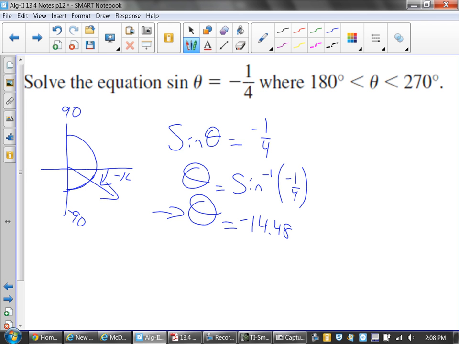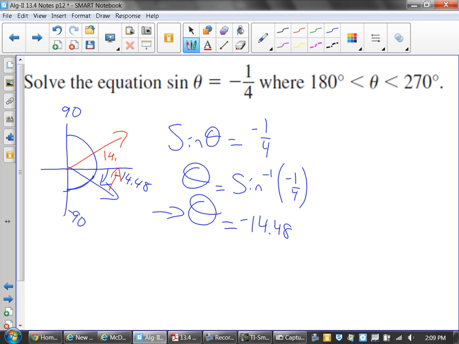Down negative 14.48. What is its reference angle? 14.48 would be its reference angle. Remember, how far off of the x-axis is it? It's 14.48.